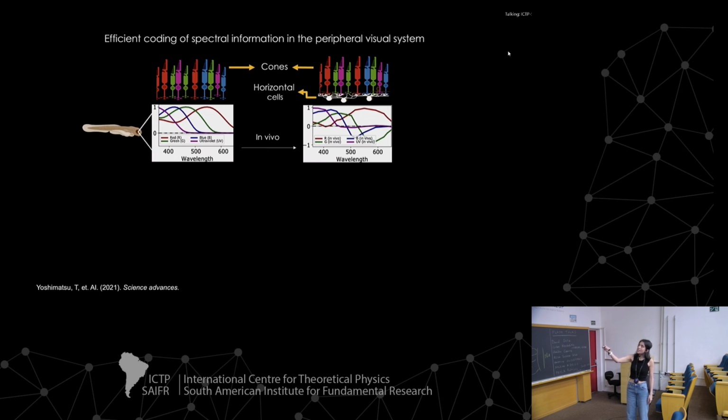But assume now you change the wavelength and also increase the intensity of the light, your neuron might give you exactly the same response. And even without changes in luminance, if you send a stimulus here or a stimulus here with different wavelengths, the neuron is going to give you the same answer. So you can't really tell apart frequencies from a single neuron. You need to have interacting neurons.